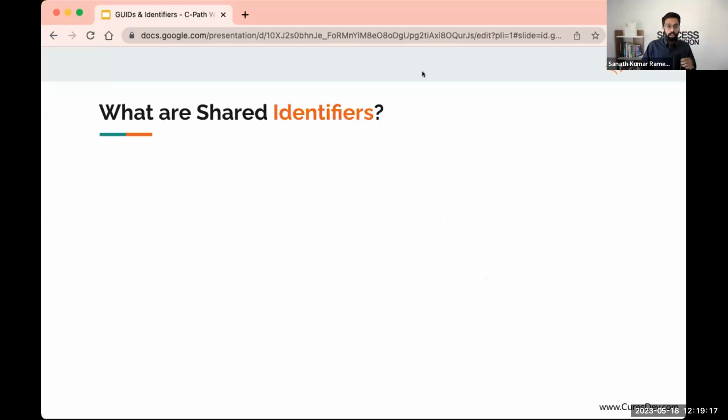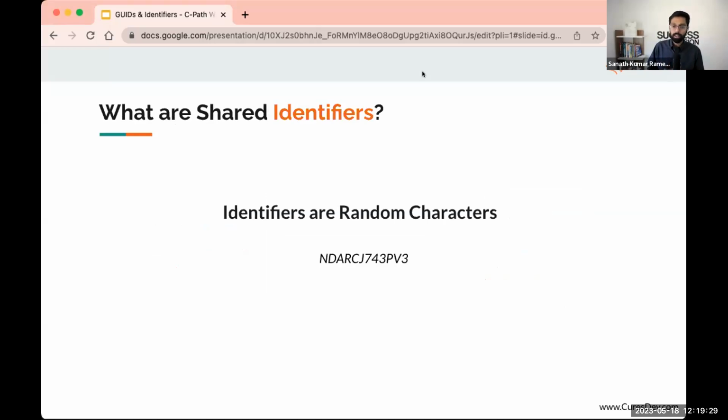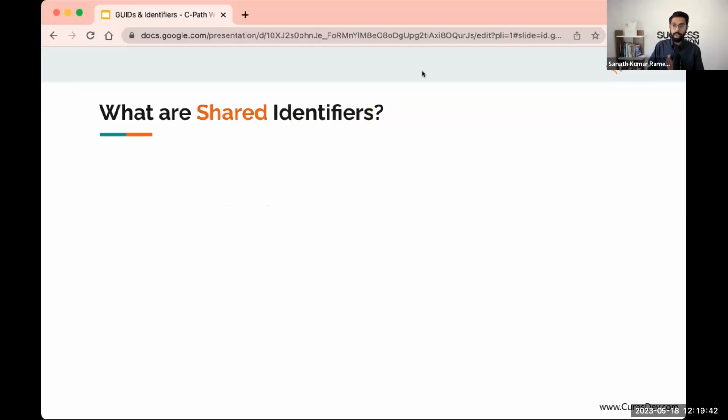Now, let's talk about what shared identifiers are. The software developer in me defines an identifier as random characters. That is all they are. They don't have any meaning. All of these are identifiers, right? They're just random characters that I happen to type on this form. But identifiers get value when you add context to it.